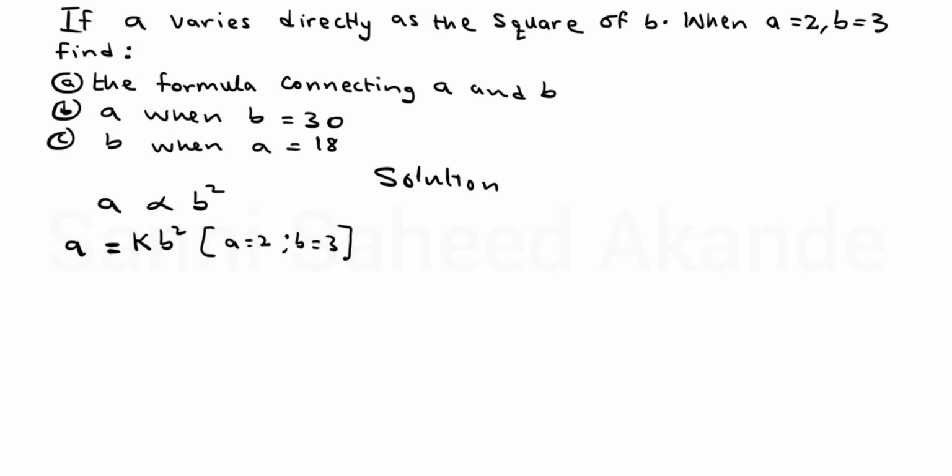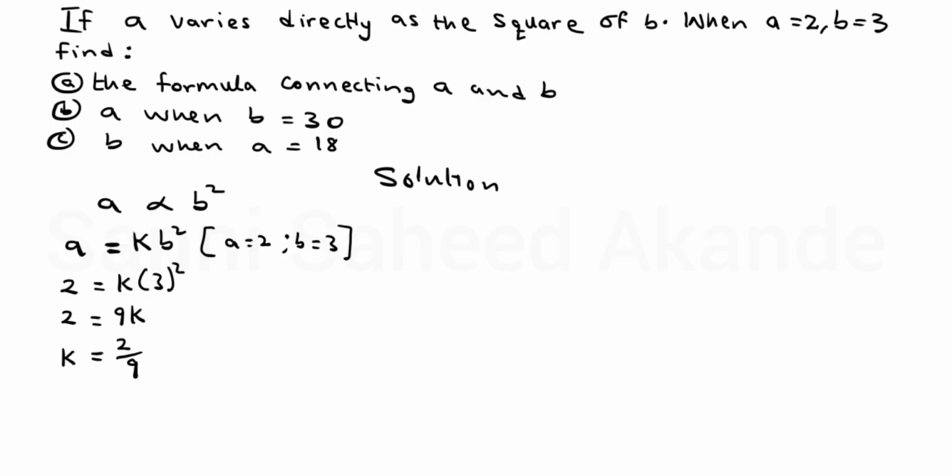So A is equal to 2, equal to K times B squared, which is 3 squared. And that will give us 2 to be equal to 3 squared, which is 9, times K, which is 9K. So dividing both sides by 9 will give us K to be equal to 2 over 9. So that is the value of K, the constant.